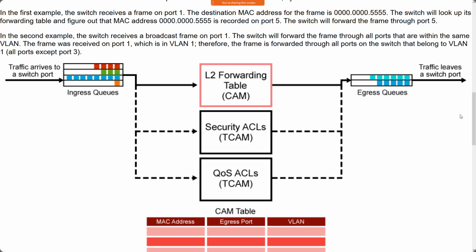Now we have our layer 2 forwarding table, which is our CAM table. That's our standard MAC address to VLAN to port mapping. We have a TCAM that allows us to store ACL information, and we have a TCAM that allows us to store quality of service information.